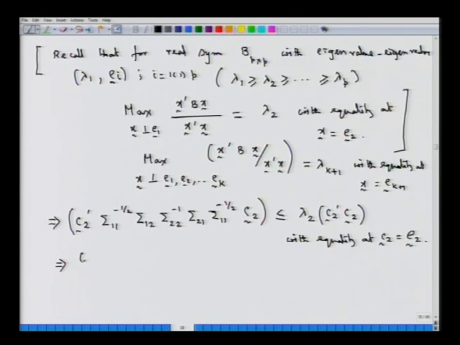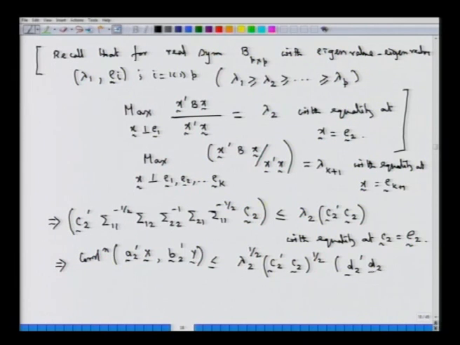This would imply that the correlation coefficient between A2 prime x and B2 prime y is going to be less than or equal to lambda 2 to the power half, C2 prime C2 to the power half, D2 prime D2 to the power half.